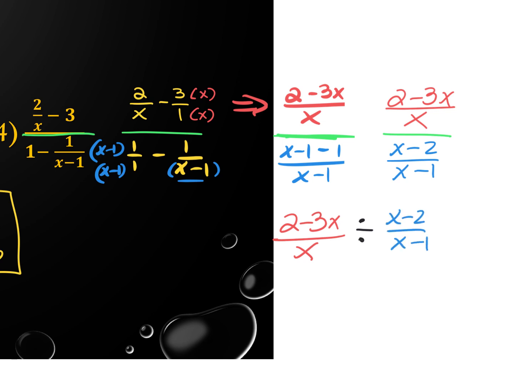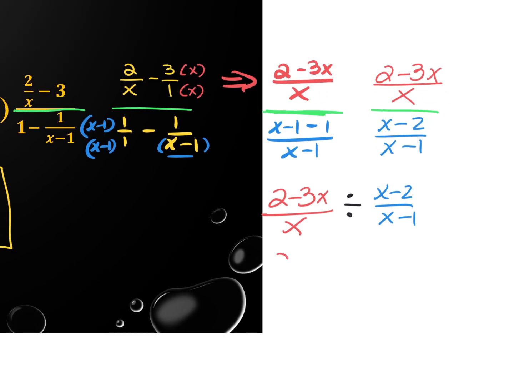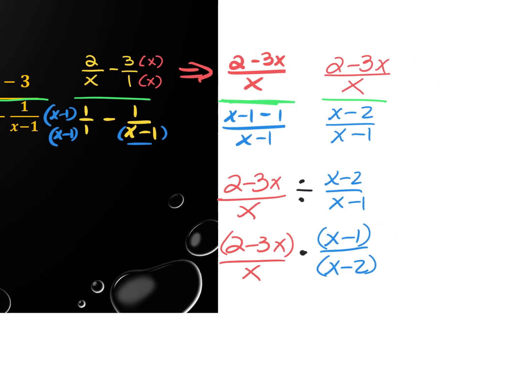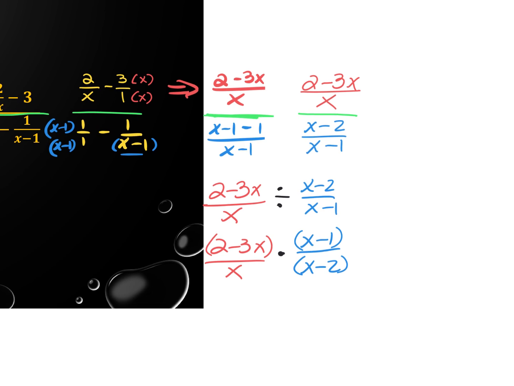Keep, change, flip it. Keep the red. Change it to multiplication. Flip the blue. And look for things to cancel. Notice there are no exact matches here. Nothing cancels. So all I'm going to do is write everything side by side.